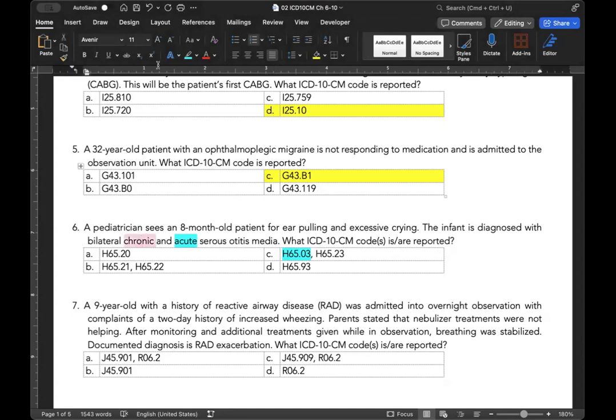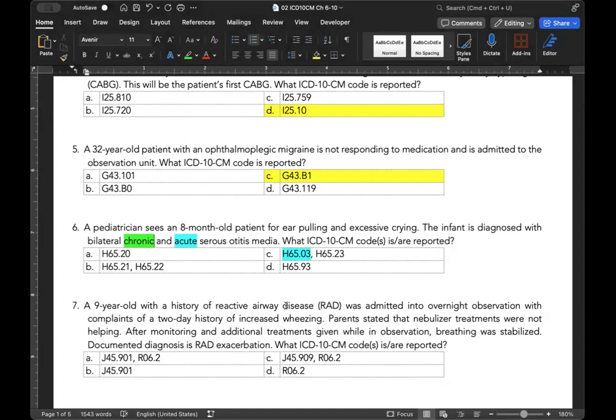Now we need to look for the chronic. So let's go back to the index and we'll go back underneath that weird non-suppurative word. We'll go down to chronic and serous. And then which one are we going to look at for that? Bilateral.